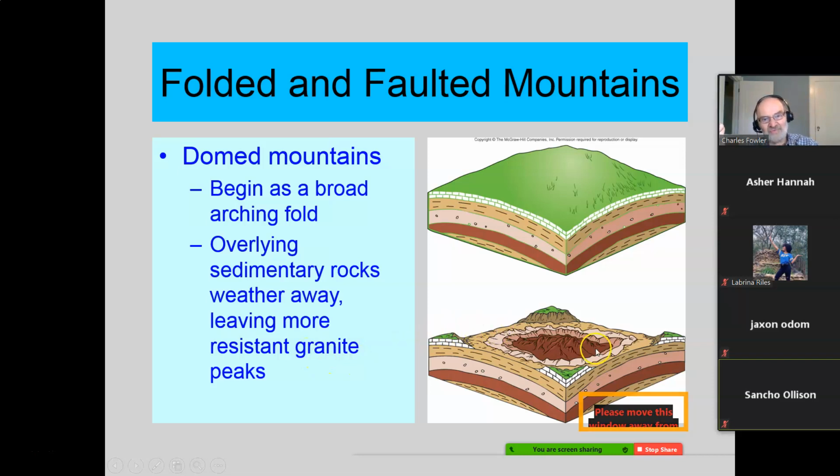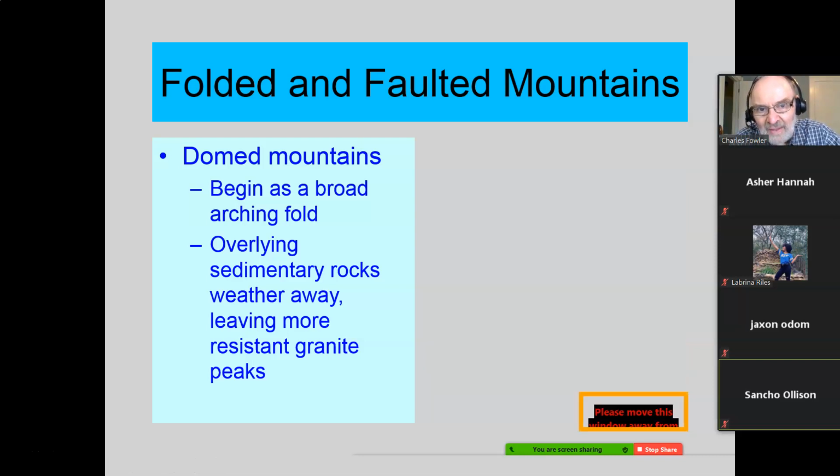It could be limestone. It could be other things like this, but they're mentioning mostly granite. Okay? Once erosion has occurred, because the sedimentary rock that was put down in layers tends to weather pretty easily. We'll talk about that more in the next chapter.